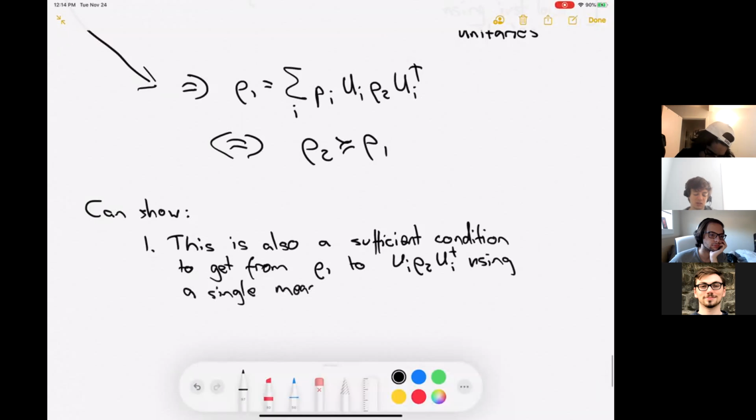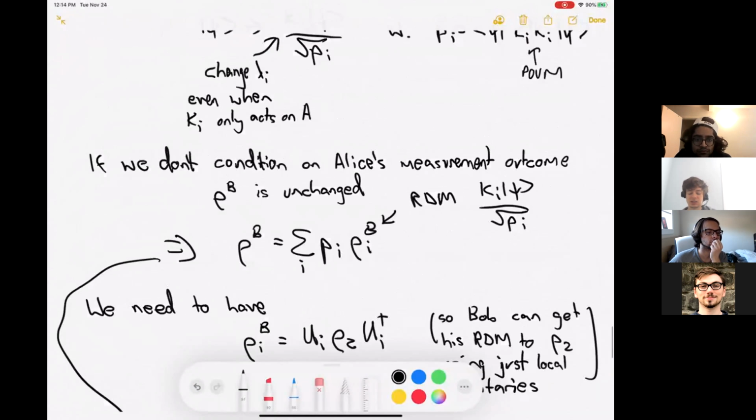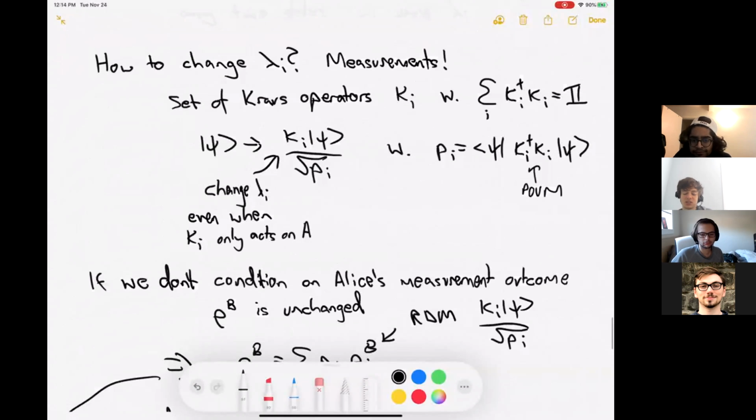So this turns out to indeed be true. One way to see roughly why it's true is that the only constraint on these Ki's is that they have to add up to the identity.